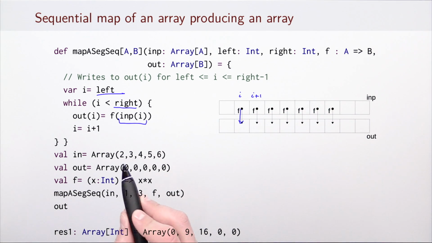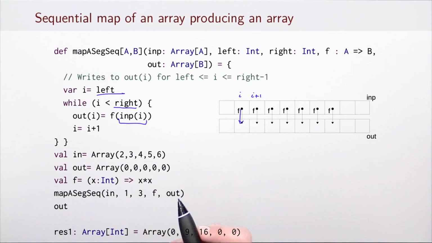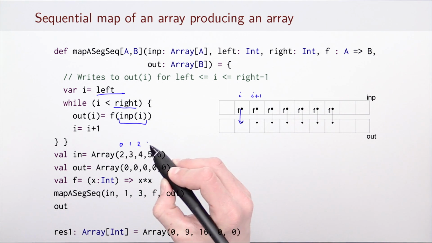For example, if we take the array containing 2, 3, 4, 5, and 6, and we have an array filled with zeros that we will use as output, and take the squaring function f, then if we fill in indices from 1 up to but not including 3, using results of applying f to the corresponding elements of the input array, what will happen is that this is a zero-based indexing.